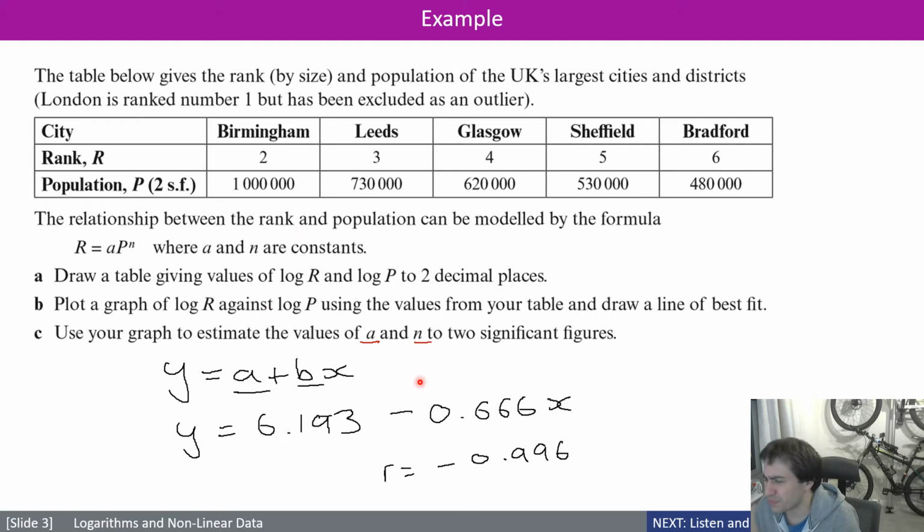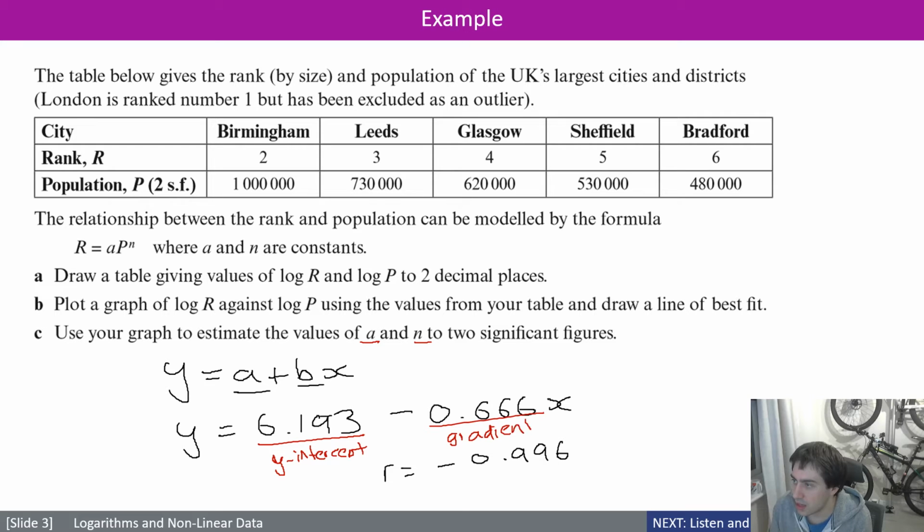So we've got to be a bit careful here because this little a is not the same as this little a here, right? If you remember the table we just looked at, we were saying this is the intercept, that's the y-intercept, and this one here is the gradient.